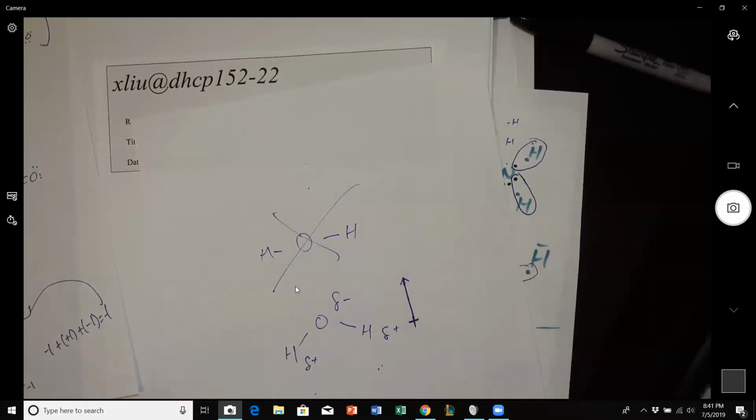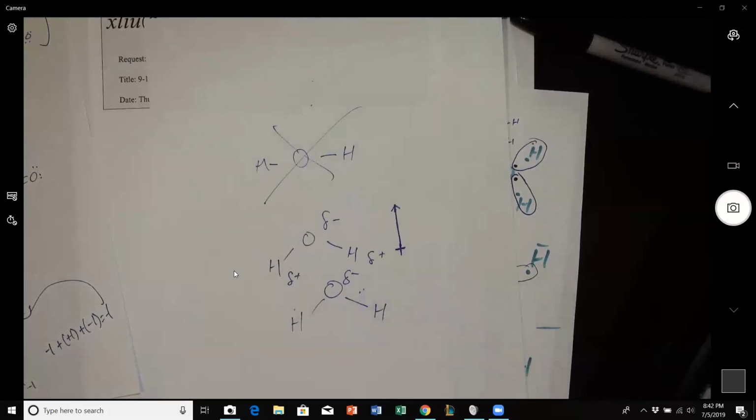Because of this, the positively charged end of a water molecule is attracted to the negatively charged end of another water molecule. So water molecules stick together. There's also another phenomenon called hydrogen bonding, which I won't talk about right now.